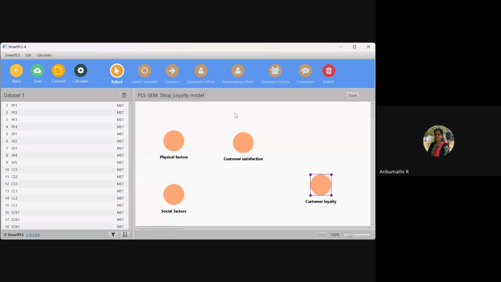So we can arrange this, and you can see this connect button. Click this connect button and then start from physical factors to customer satisfaction, social factors to customer satisfaction, and customer satisfaction to customer loyalty.